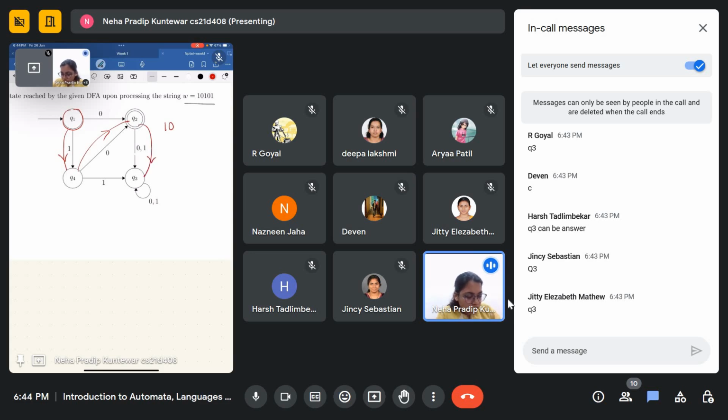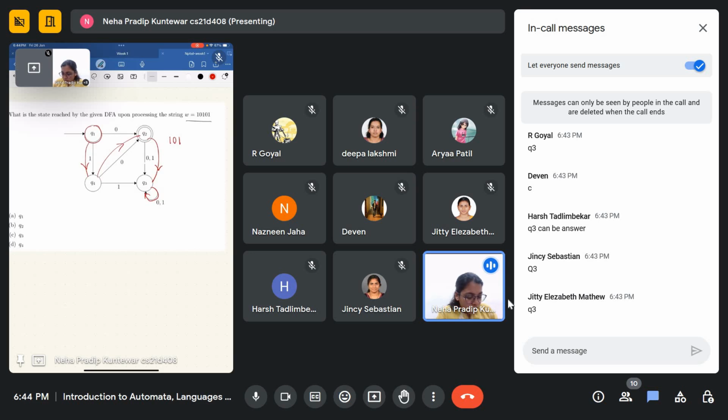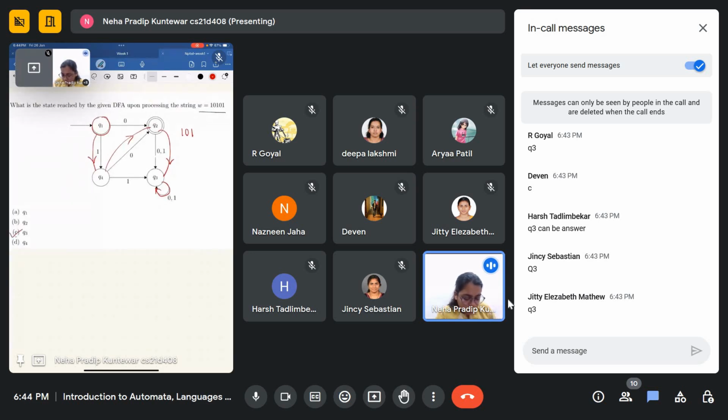Then you see a 1 and you go to Q3, and then no matter what you see, you stay at Q3. So Q3 is the correct answer.